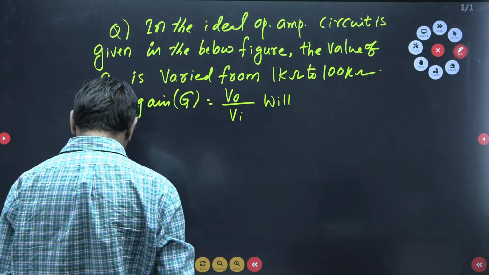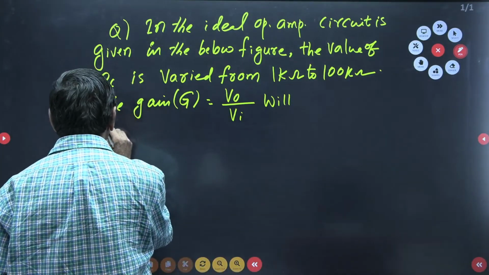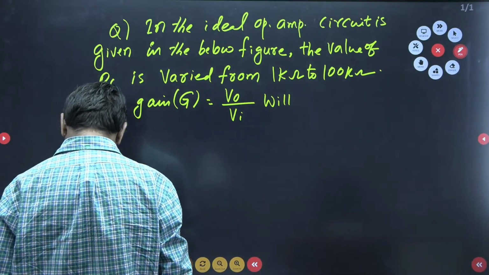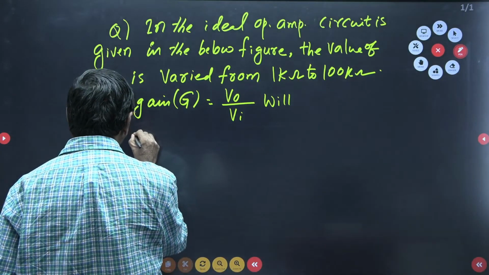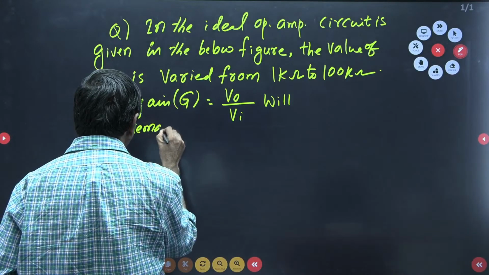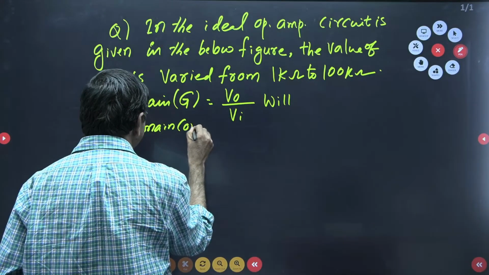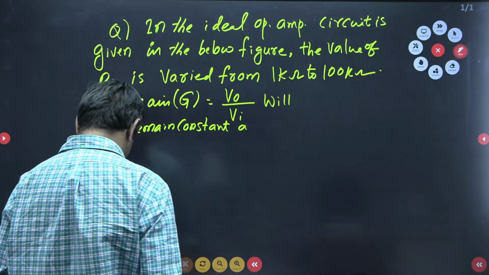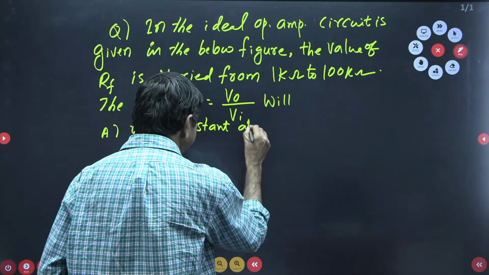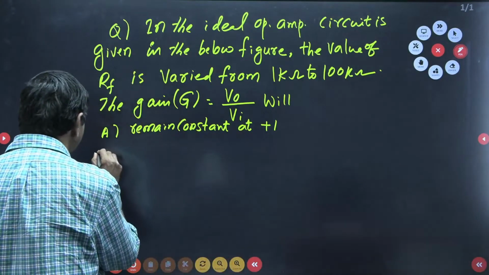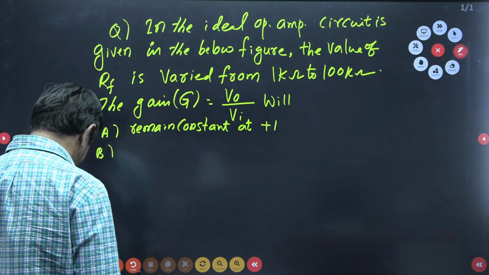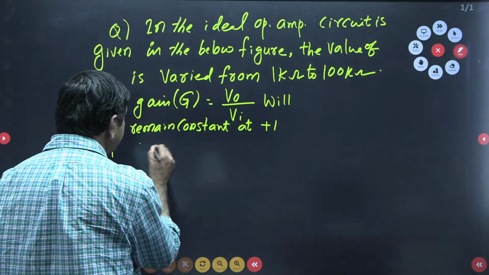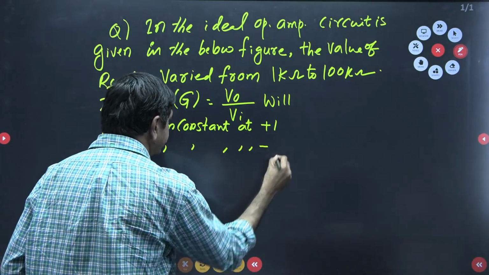The 4 options are given. I would like to give here now. Option A is given here. Remain constant at +1. Option B is given. Remain constant at -1.